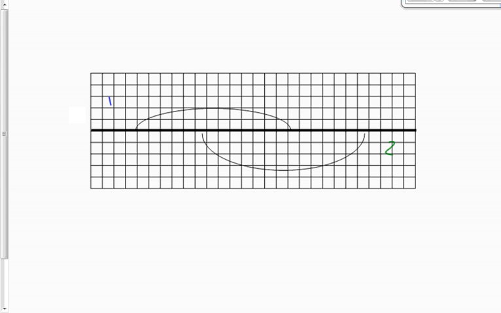Well, until about this point, it looks like this, because there's nothing for wave 1 to interfere with at that point. Over here, it's going to look like this, because there's nothing for wave 2 to interfere with. But in between there, where we have two waves in the same place, there's going to be interference.